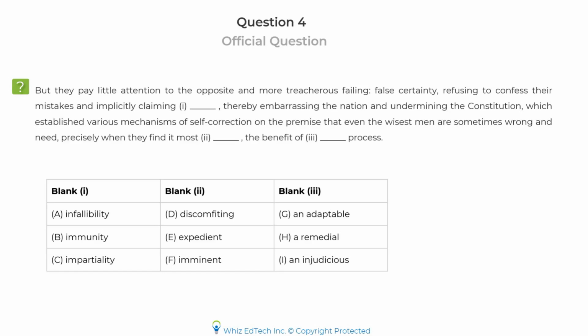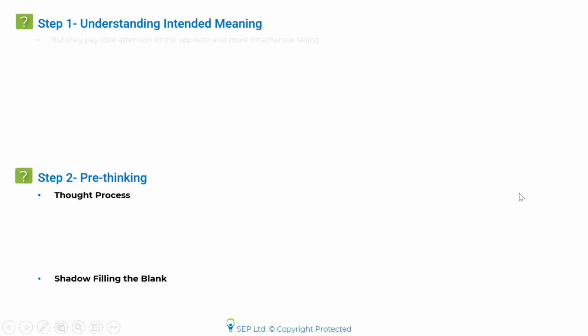All right. Let me decode this sentence. Right off the bat, we start with but. We don't know whether this but is going to be important because we don't know what preceded it. But even then, keep in mind, they pay little attention, meaning hardly any attention, to the opposite and more treacherous failing. So they pay little attention to some failing.